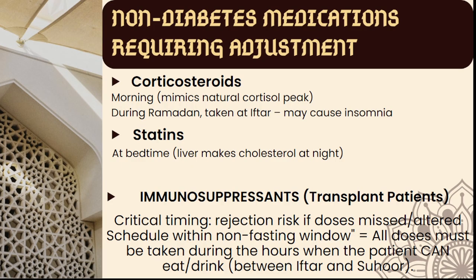Immunosuppressant also, there is an important point here: for a patient who, for example, experienced transplantation or has some autoimmune disease, the timing is also critical, because if the time changes, maybe rejection risk can happen from the body. So all doses must be taken during the hours where the patient can eat or drink between iftar and suhoor.